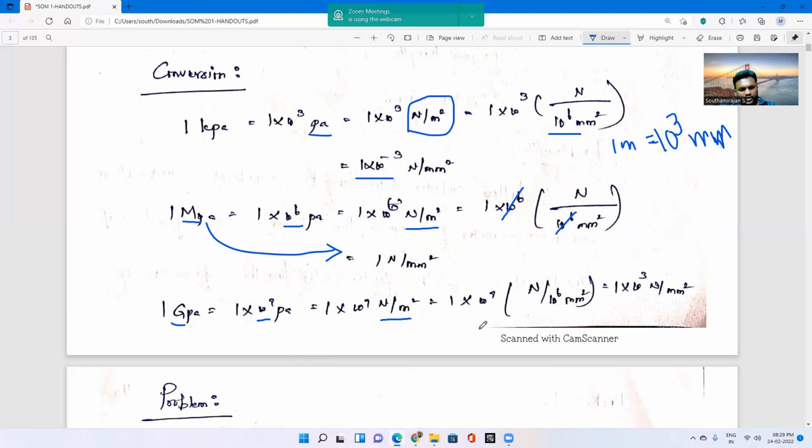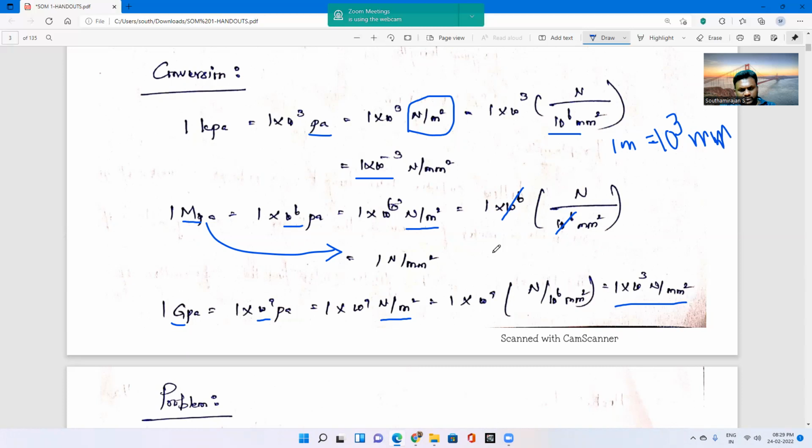So 1 into 10 power 9 Newton divided by 10 power 6 is transformed into 1 into 10 power 3 Newton per mm square. So these are the most important conversions.